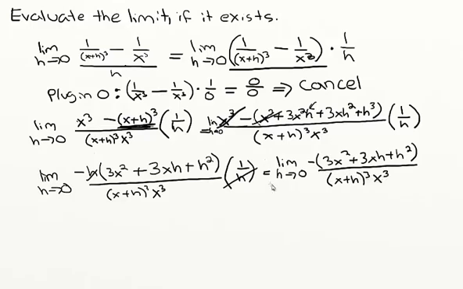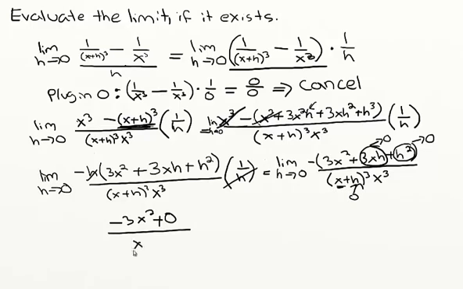Now what happens when we plug in 0 for h? Then we are going to get negative 3x squared plus this quantity goes to 0, and this quantity goes to 0 when h goes to 0. So we're going to get 3x squared plus 0. Then in our denominator here, this h goes to 0, so we're just left with an x.